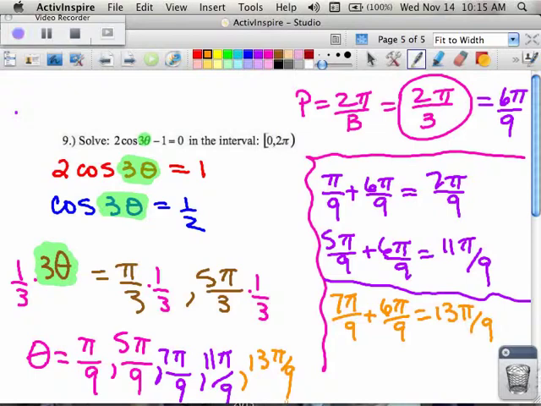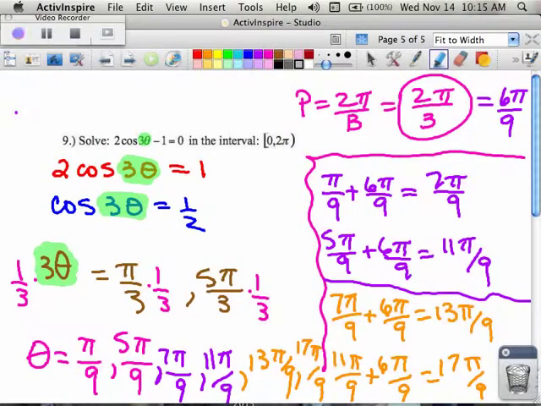And my final answer will be taking that 11 pi over 9 and adding on the 6 pi over 9, which gives me 17 pi over 9. And what you'll notice in the end then, of course, is that we have a total of 6 answers because we were going 3 times as fast.